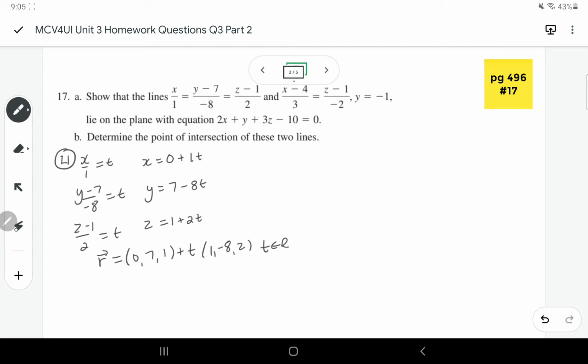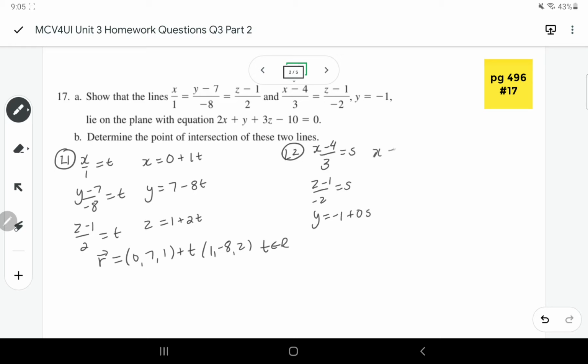Then I'm going to do the same thing for my second line, L2, but I'm going to use a different parameter. I'll use an s. Remember, you don't want to have the same variable in each one. So here I would have x minus 4 over 3 equals s, z minus 1 over -2 is s, and y equals -1, plus 0s.